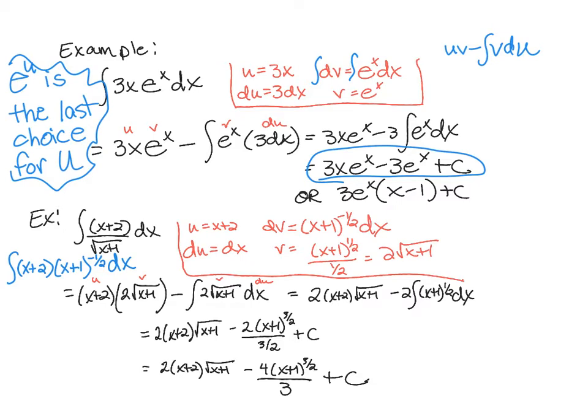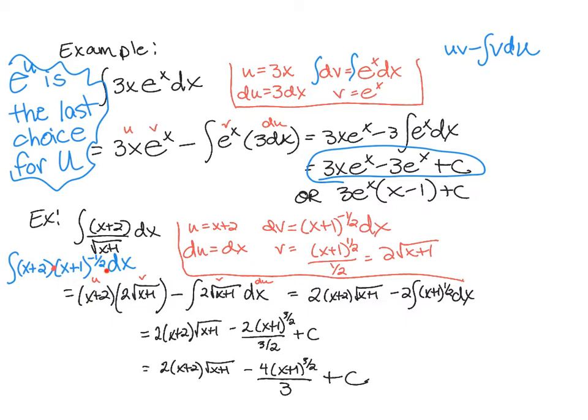So remember, when you're doing integration by parts, you're looking for two factors, two parts. And in this case, you always want u to be the part that is going to get simple when you take its derivative.